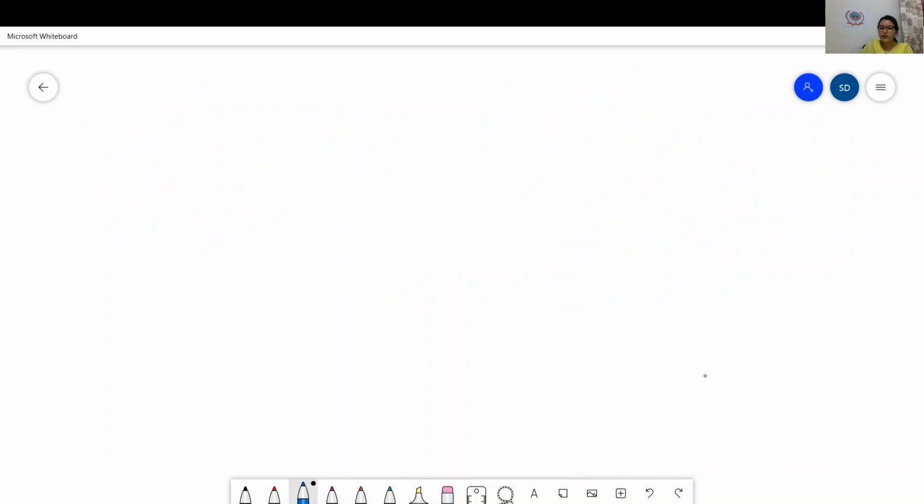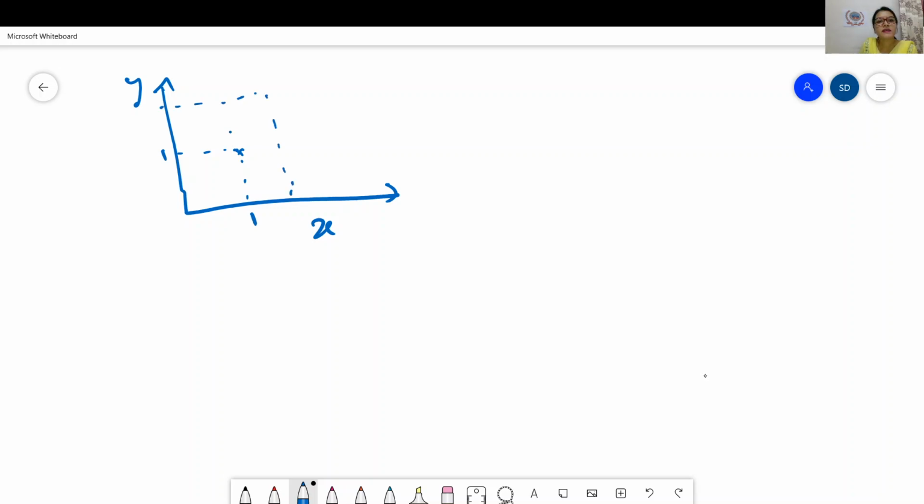Okay, so let us say this is my x and y axis, and let us say the point is at 1 1, and let us say this is some 3 3 location, and this line passes through the origin, 0 0.